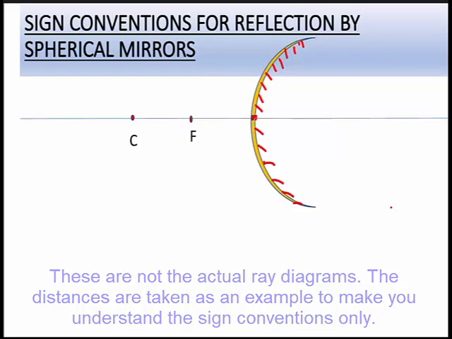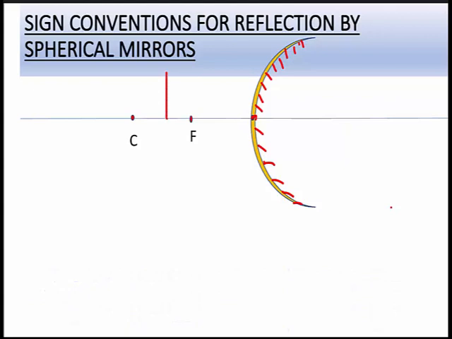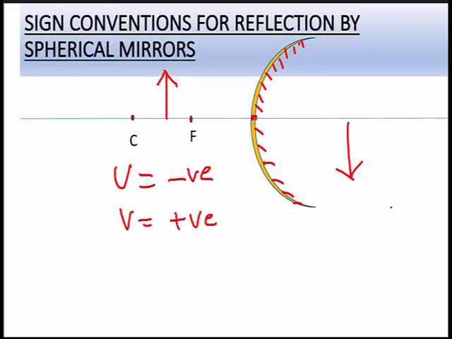Let's take another example. Suppose this is my object here, but my image is here, then what is my object distance in this case? The object distance will be negative, but the image distance will be positive because the image is on the right hand side of the pole, whereas the object is on the left hand side of the pole.